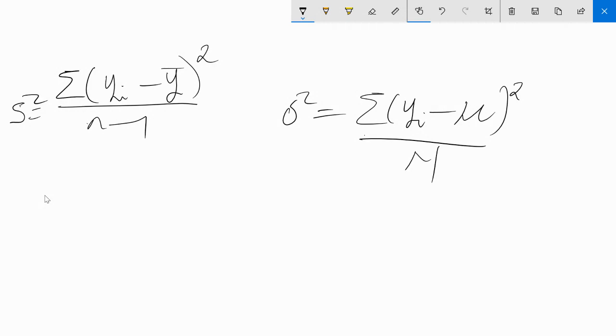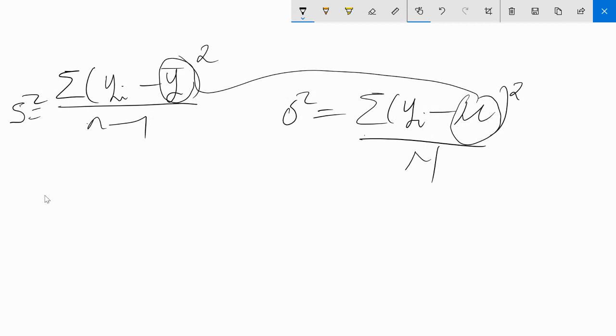So if you look at the two, we're replacing the population mean by the sample mean, because we're dealing with a sample. And we are losing 1 degree of freedom because we estimated the mean. We estimated one parameter, so we lose 1 degree of freedom because of that reason.